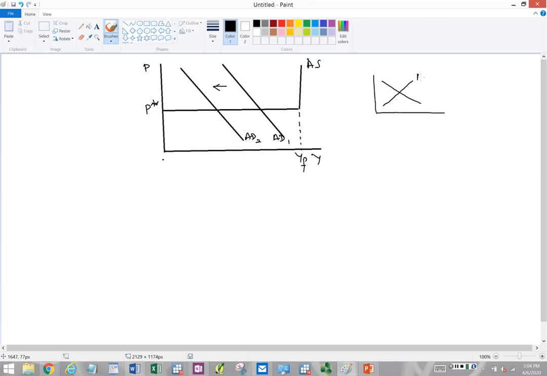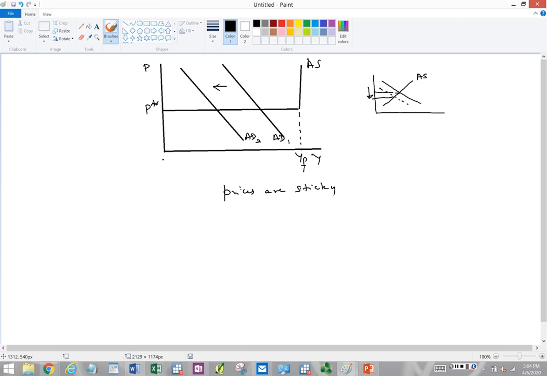If that had been the AS curve, right, then a leftward shift of AD would have caused the price level to fall. Correct? Keynesians believe that the price level is sticky, that prices are sticky. And this essentially causes the price level to remain unchanged as demand of the economy decreases.